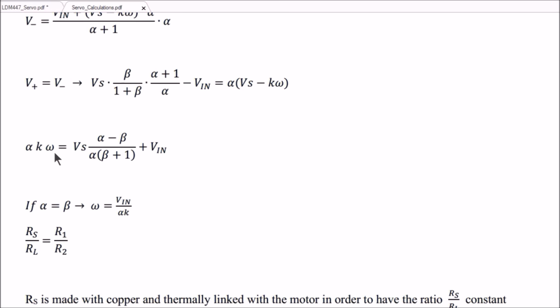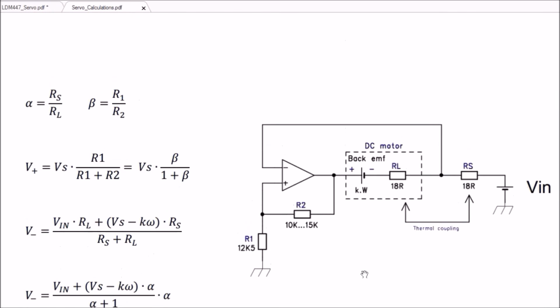That means that the velocity of the motor is a function of the output voltage here, Vs plus Vin. We can see that for a particular case, when alpha equals beta, this term disappears, and you have a velocity proportional to the input voltage here. It depends also, of course, on the factor k of the motor, and alpha, which is the ratio of these resistors there.